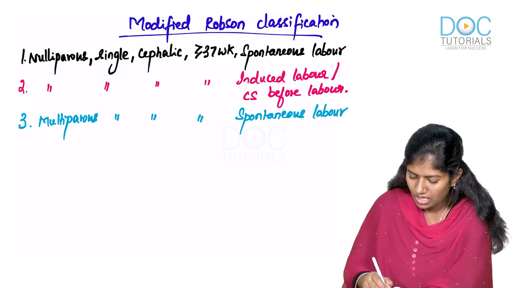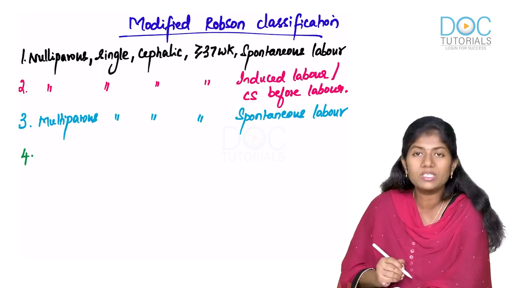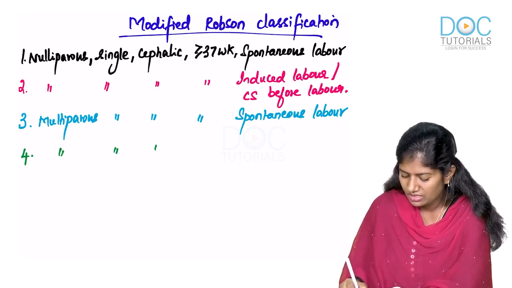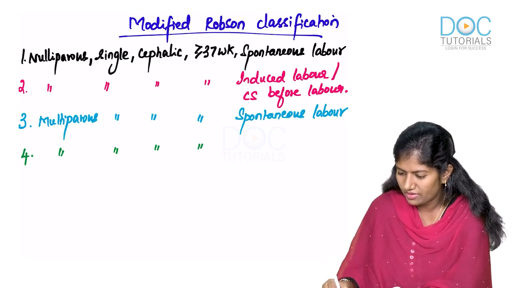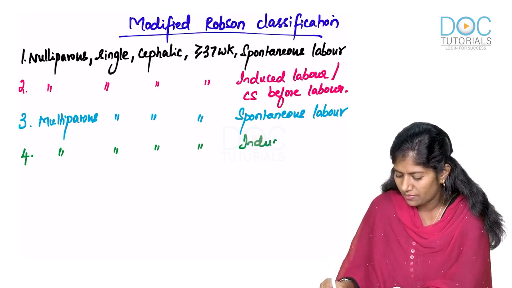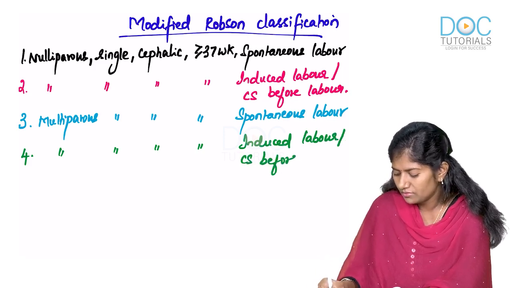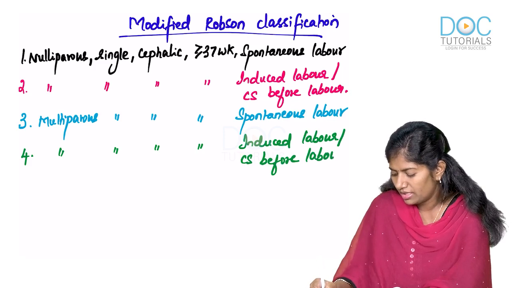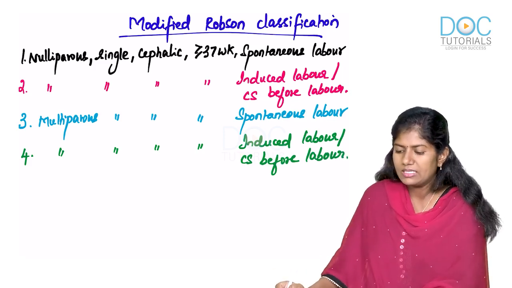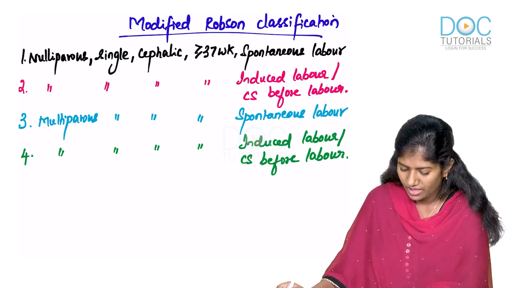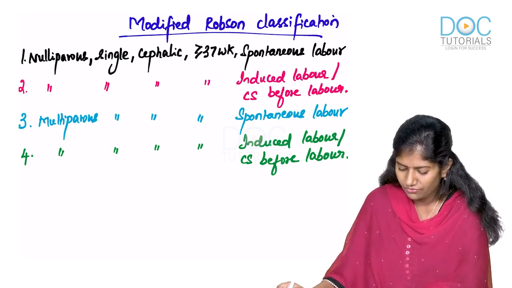Okay, class 4. What is Robson class 4? Class 4 is again multiparous, single cephalic more than 37 weeks, induced labor or cesarean section before labor. Okay, so we have seen 1, 2, 3, 4.